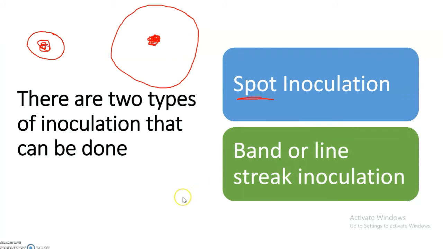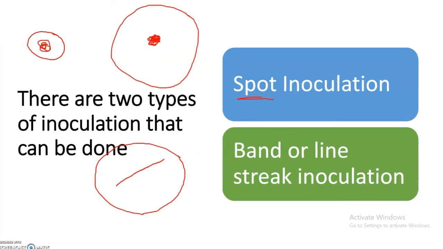And the other is band or streak inoculation. In this, for example, this is a DNase agar. Use a heavy inoculum and draw a line 3 to 4 cm long from the rim to the center of the DNase test agar plate and incubate the plate at 37 degrees centigrade for 24 hours.